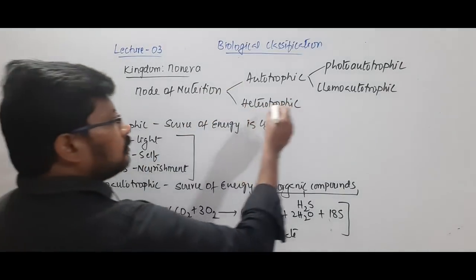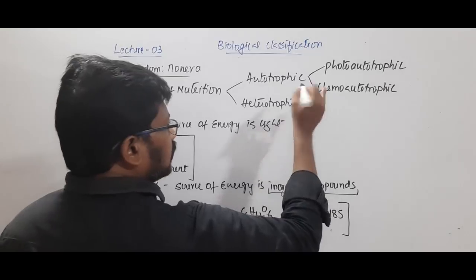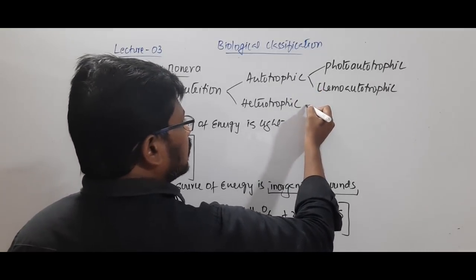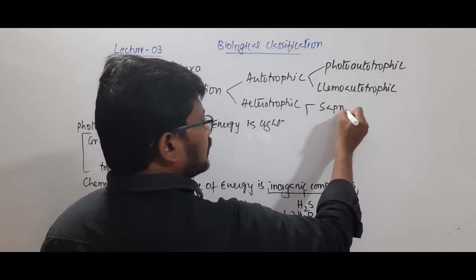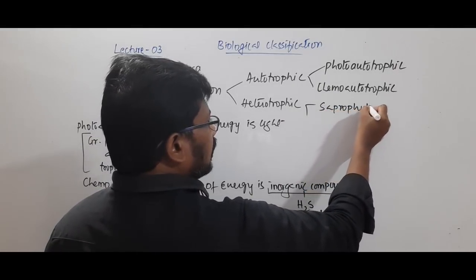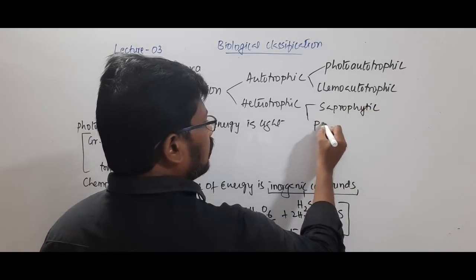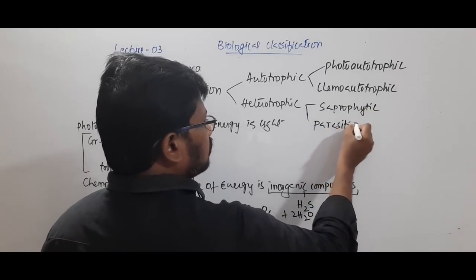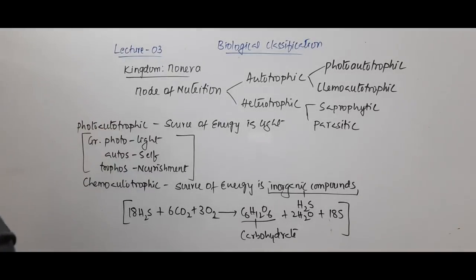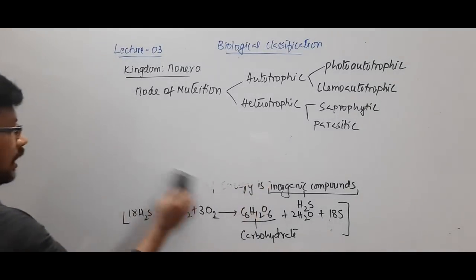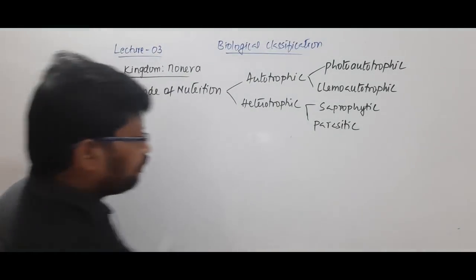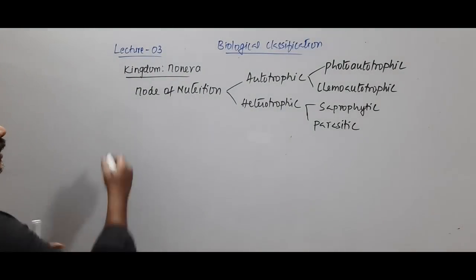Then coming to the heterotrophic mode of nutrition, there are two modes: saprophytic and parasitic. Now we will see what the saprophytic mode of nutrition actually is, and also parasitic.